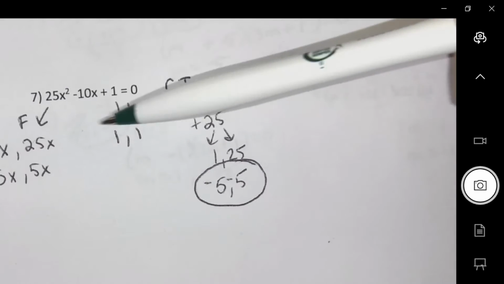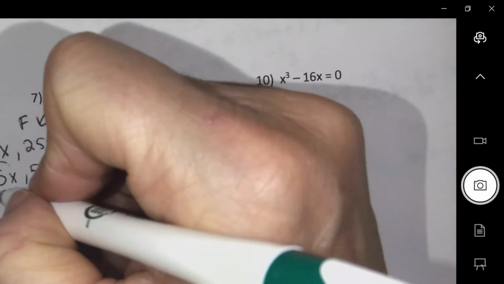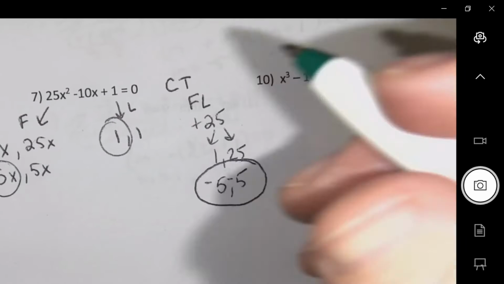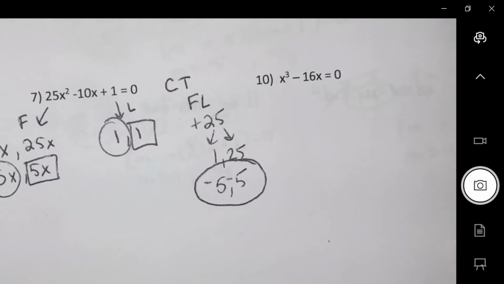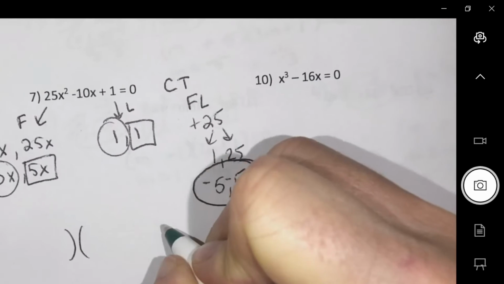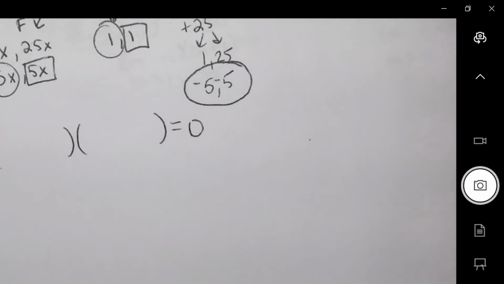So what would you put with what to make a negative 5 and a negative 5? You'd put that together and that together. Okay, now you set up your 2 brackets.